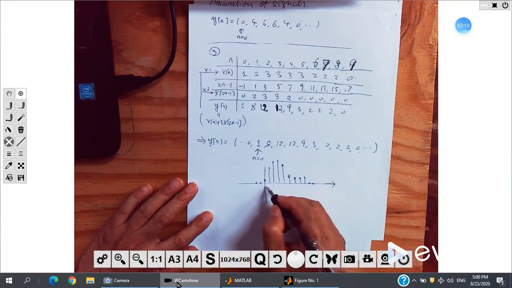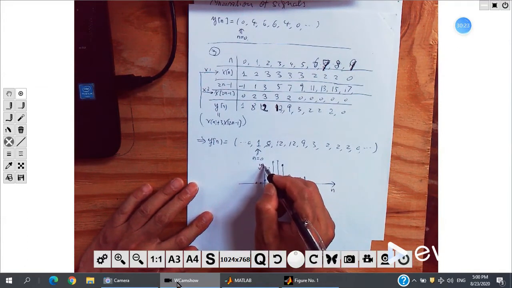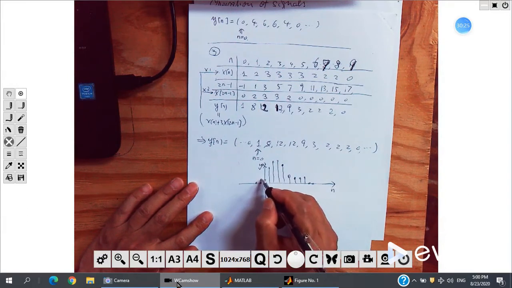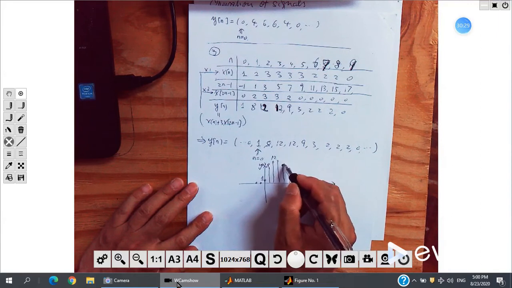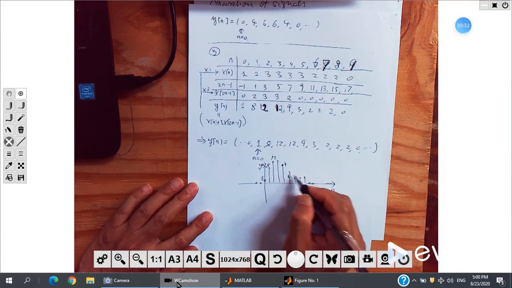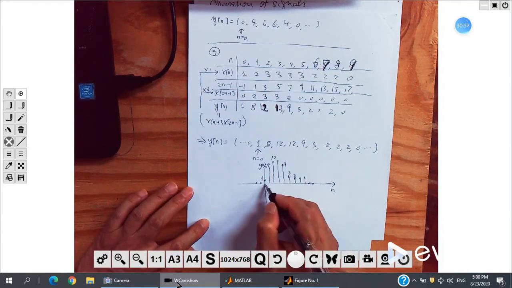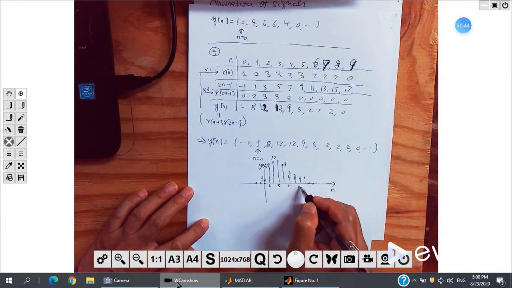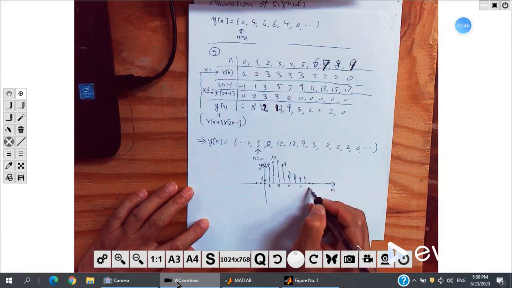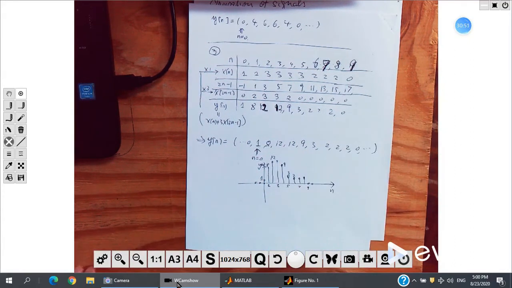So here's n, here's y, y of n. Its value is 1, 8, 12, 12, then 9, then 3, then 2, 2, 2. And if you want to put the value of n here, this is n equal to 0, then n equal to 1, 2, 3, 4, 5, 6, 7, 8. This is 9. For n is 9, it is 0. Okay. So we have y.